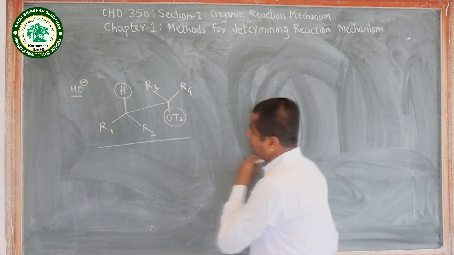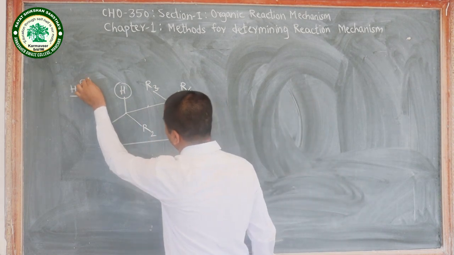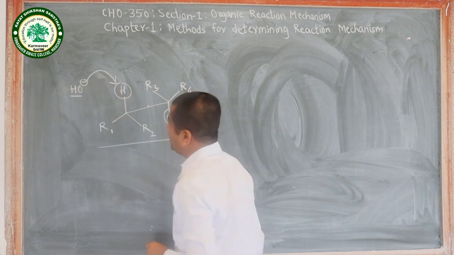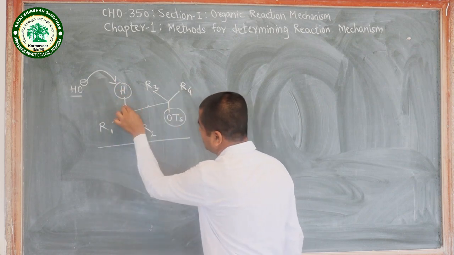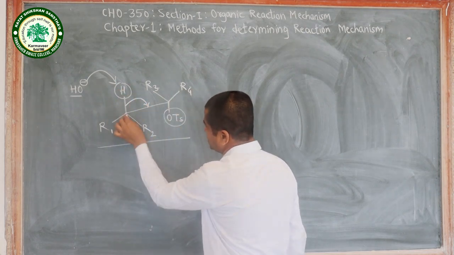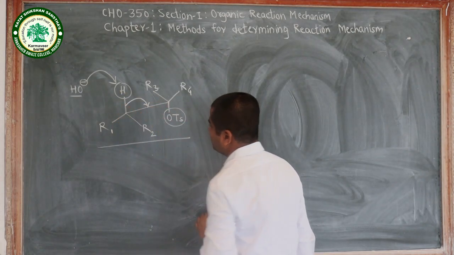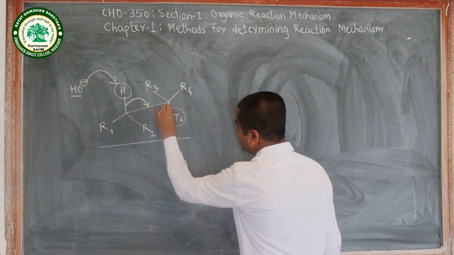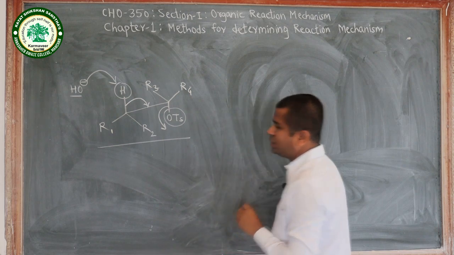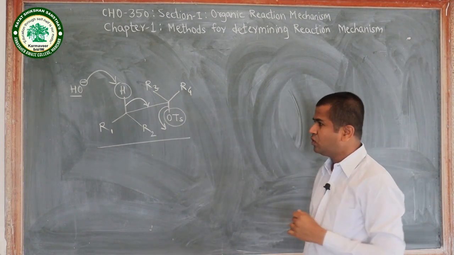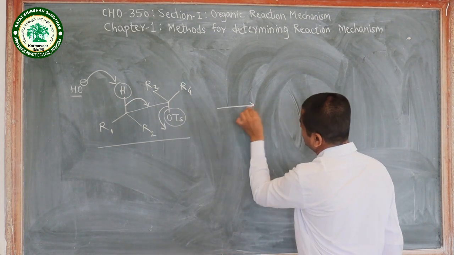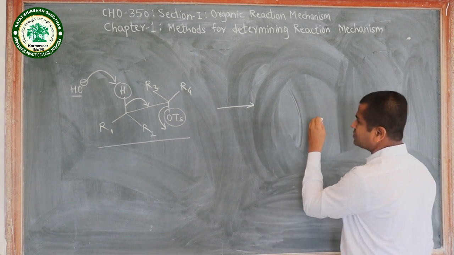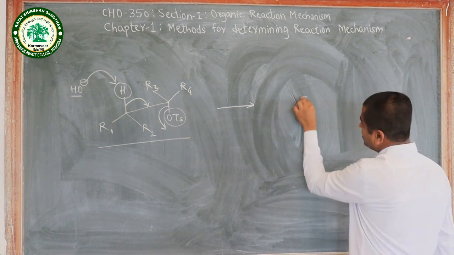For this reaction to happen, what is the mechanism here? The base abstracts this proton, this bonding electron pair comes here and forms a pi bond, and the OTs group, the tosylate group, is eliminated. So after the reaction, what do we get?